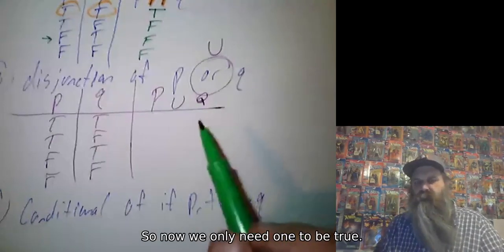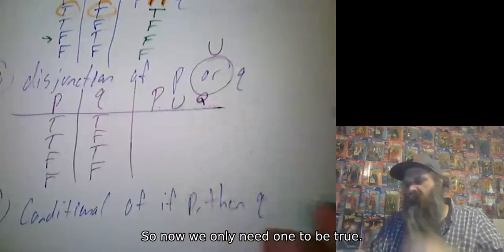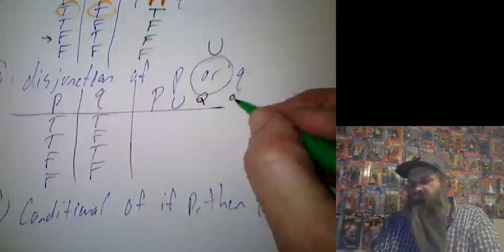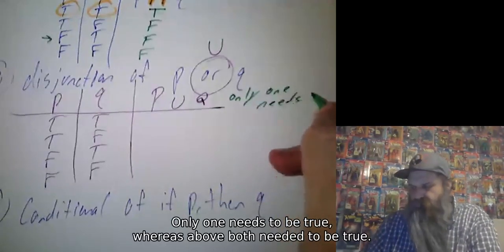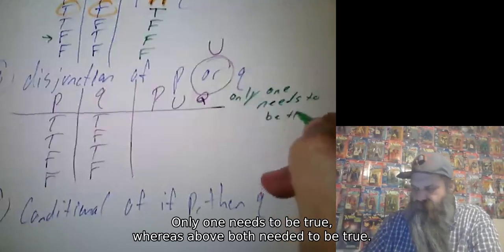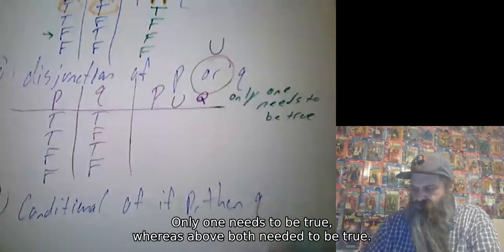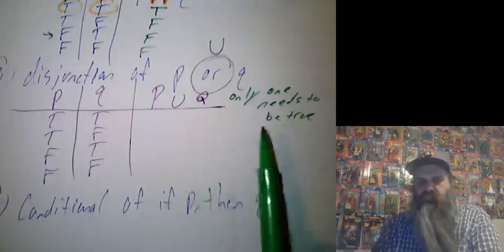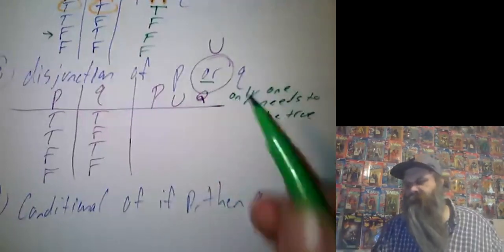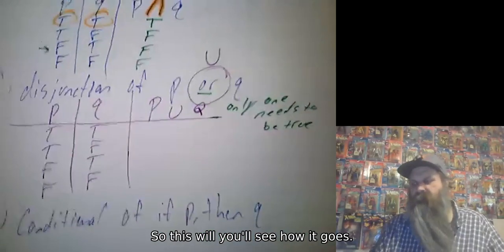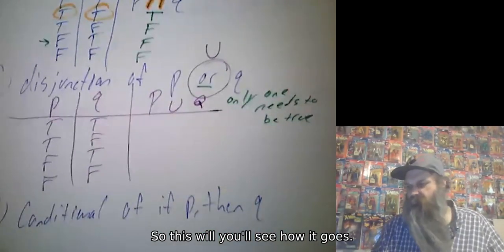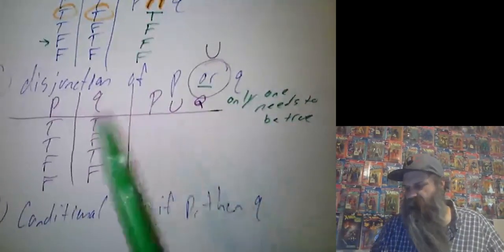So now we only need one to be true. Only one needs to be true. Whereas above, both needed to be true. And that's because of the word or. So you'll see how it goes.